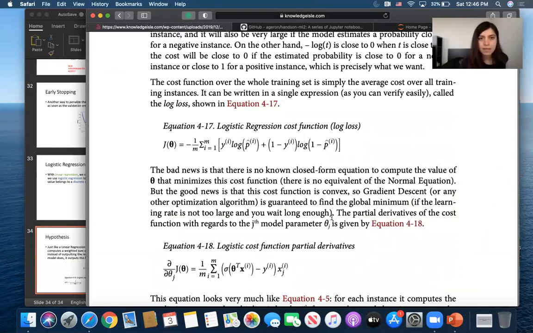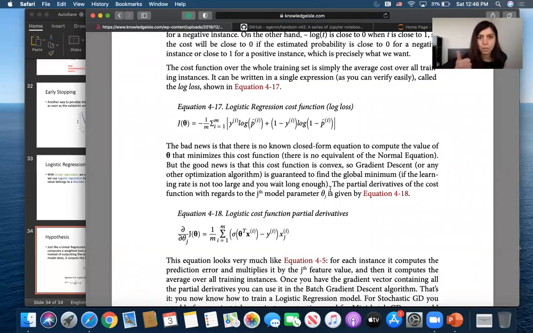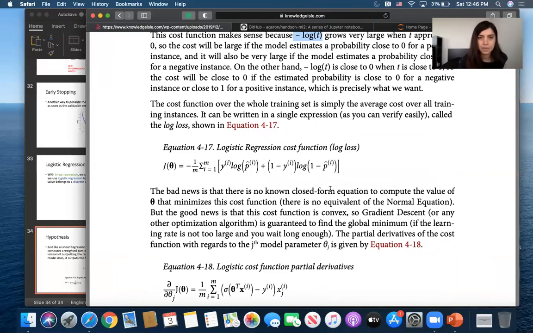Maybe one thing that can help is that if we know that the logarithm of 1 is 0 and the logarithm of 0 is infinite, that will explain why if we have a wrong prediction and put that in logarithms, it will affect our cost function. Yeah, so I see what you mean.